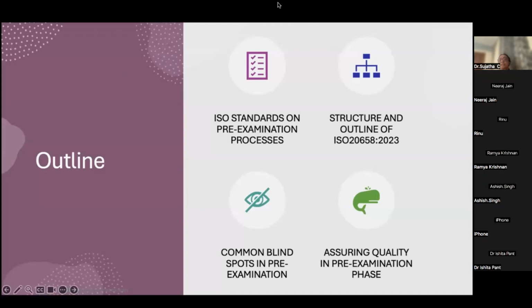Now, in the time allotted to me, I'll try to address the different ISO standards on pre-examination processes. There are many available now, and outline 20658 that has been allotted to me. This is a full standard by itself, so I will just breeze through the standard and focus on some common blind spots.